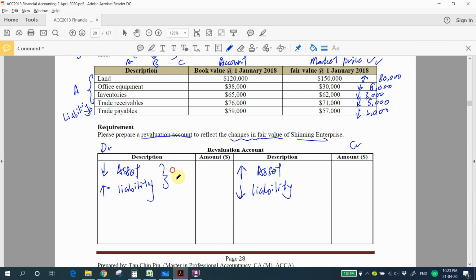Basically, this is the loss. This will be the gain. And for the balancing amount, gain on revaluation will appear on your credit side because your credit side is higher than your debit side. So this will be your gain on revaluation.